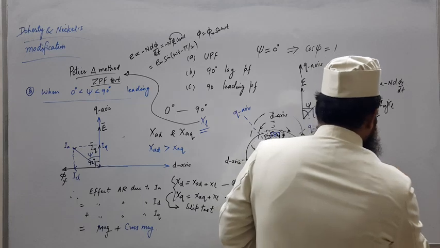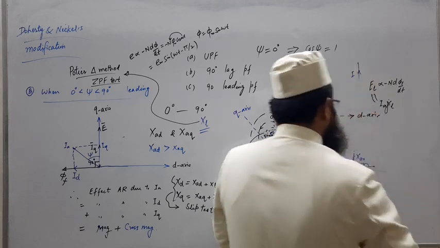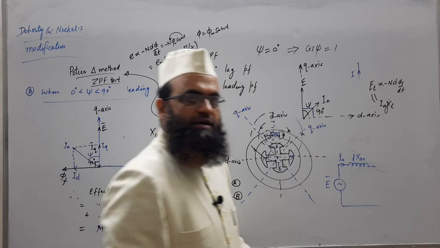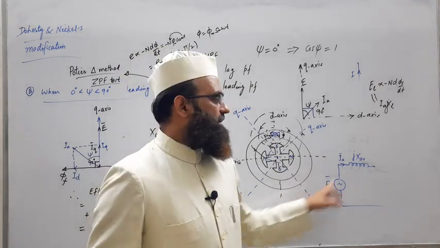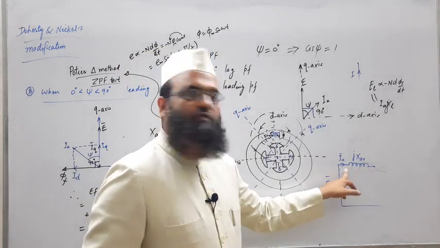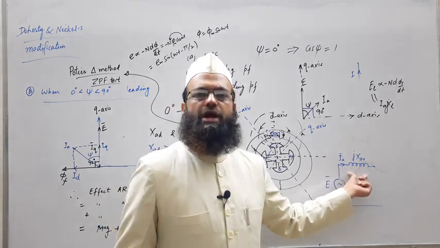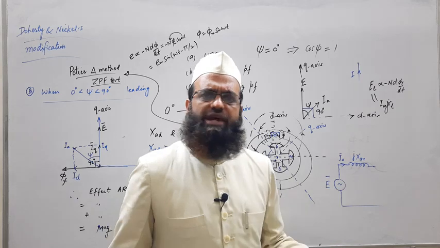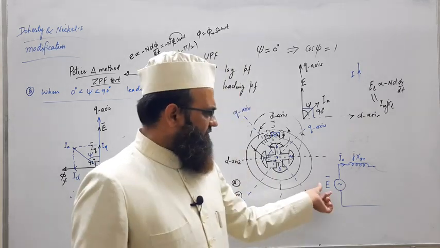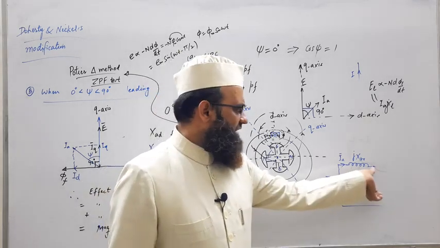So the resultant of these two will be another EMF, not exactly the internal EMF but different than that. If IA is not flowing, this drop will be 0, it means IA is absent, that is load is not connected, it means no armature reaction effect. So whatever internal EMF is induced, the same will be available here.